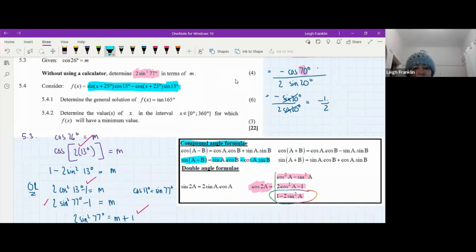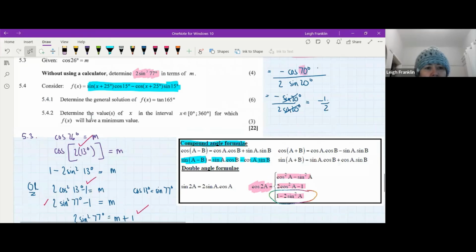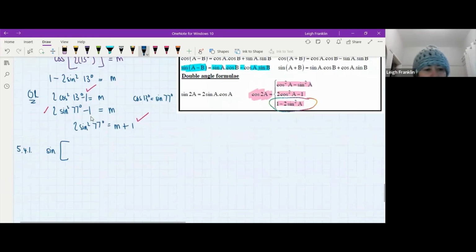It has to be sine A minus B. All right, so in 5.1, is everybody happy with that? Compound angle, indeed it is. So in 5.4.1, we've got the sine of x plus 25.